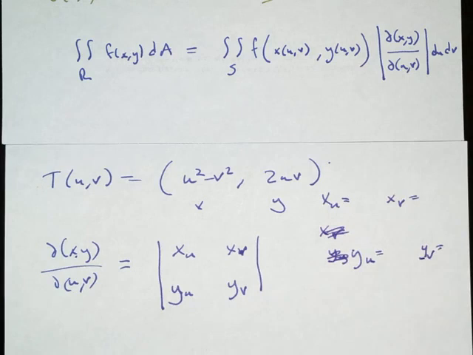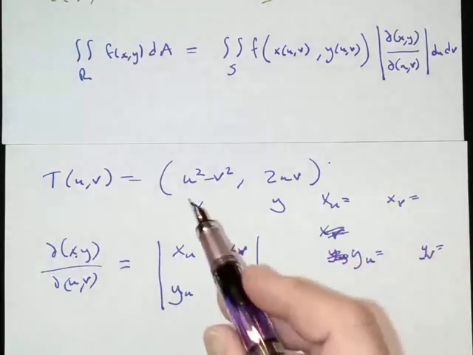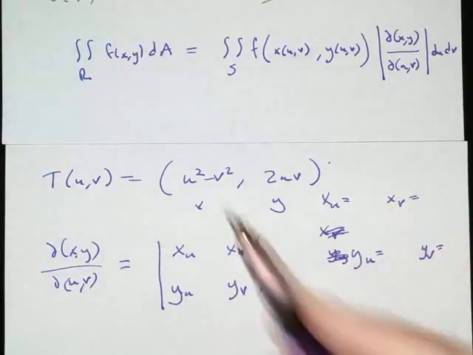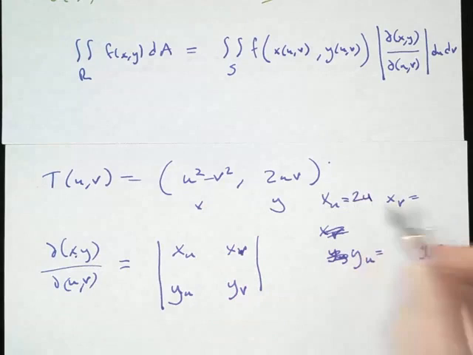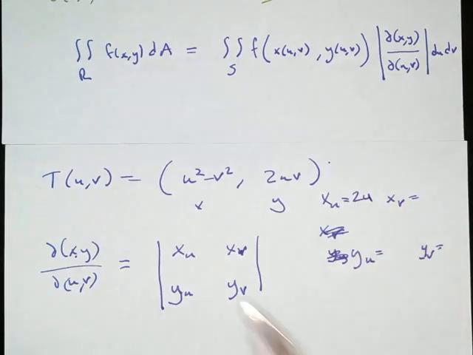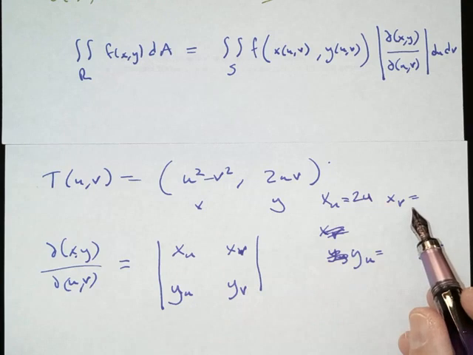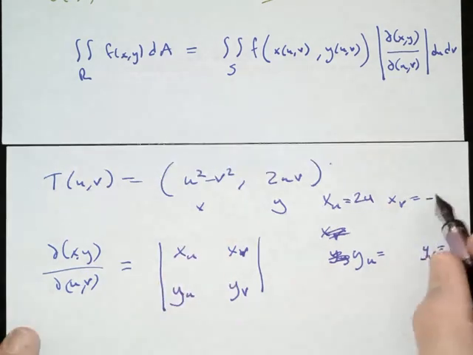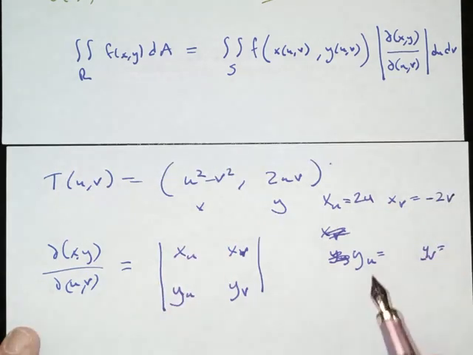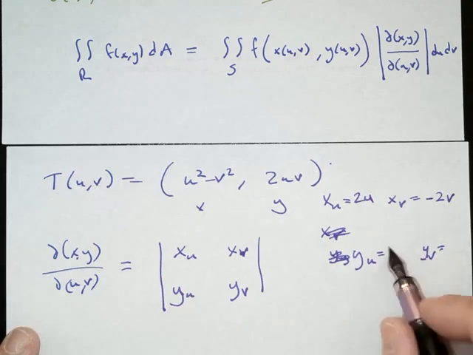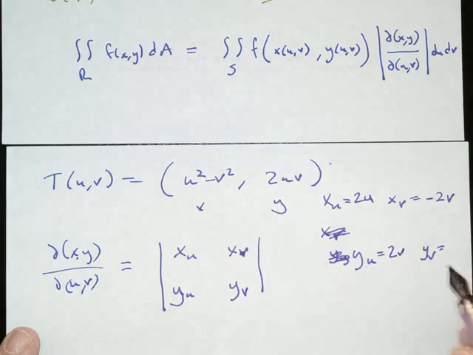Take some partial derivatives. Derivative of x with respect to u. Derivative, not antiderivative. Derivative with respect to v. Derivative of y with respect to u. And the derivative of y with respect to v is 2u.